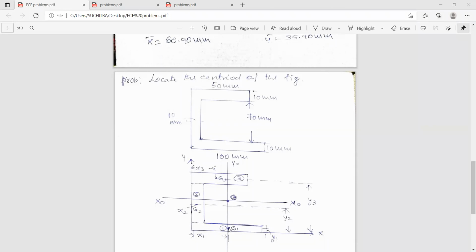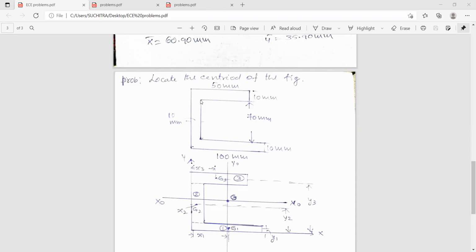So x1 is from the center of this figure to y-axis, this distance is x2, and this is x3. Similarly, from the center of this figure to x-axis, it is y1, y2, and y3.